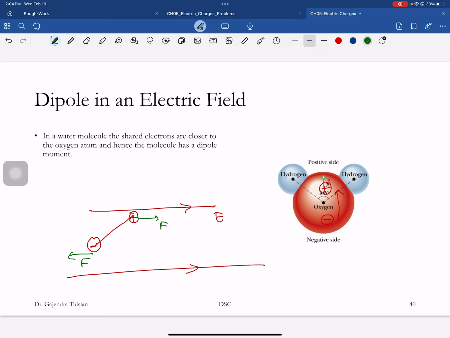But let's be mean to this water molecule. Good, so there was the electric field. The water molecule is turning. Now as it's coming there, we'll switch the electric field. Now it's going like that. We'll switch the electric field again. So if you can switch the electric field back and forth, you can jiggle the water molecule.